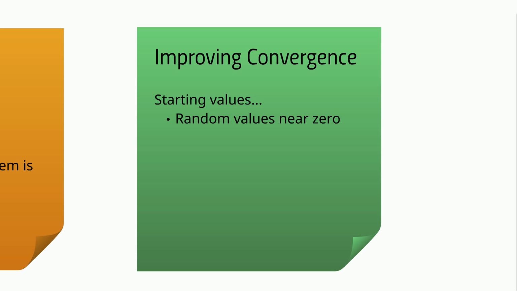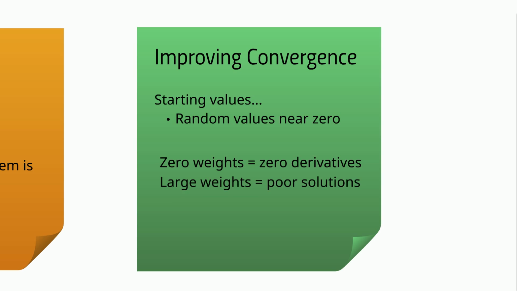Use of exact zero weights is actually going to lead to zero derivatives in the start and perfect symmetry. As a result, this algorithm would never move. Starting instead with large weights often leads to poor solutions. So we need to find the happy medium where we have random values near zero, so we're going to have derivatives that exist and cause our algorithm to move in either direction, but not so large that we are going to get poor solutions.